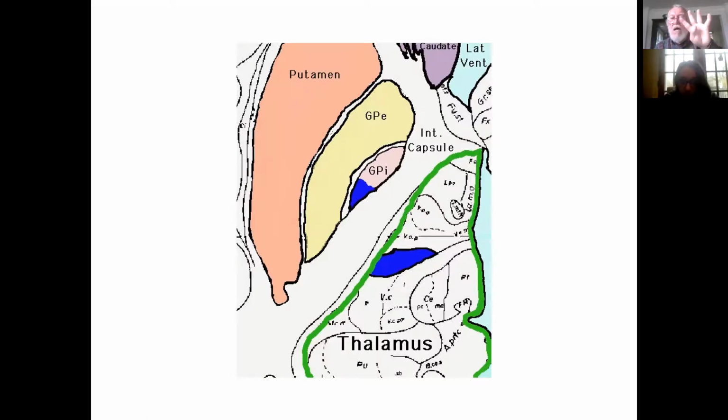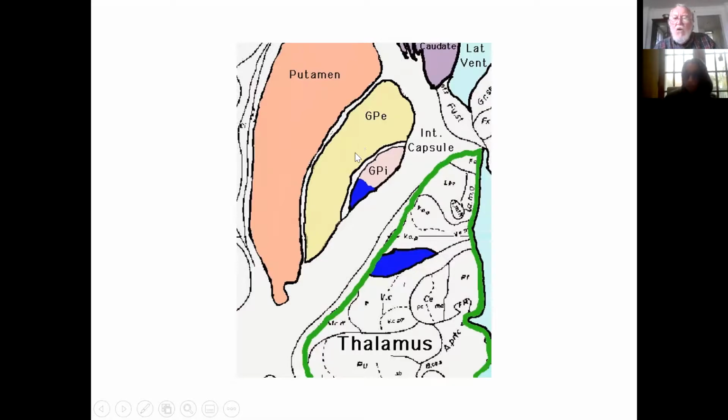So now we are up to 4 names: basal ganglia, caudate, putamen, globus pallidus. Now a 5th term is neostriatum, which is the caudate and putamen put together based on cytoarchitecture.